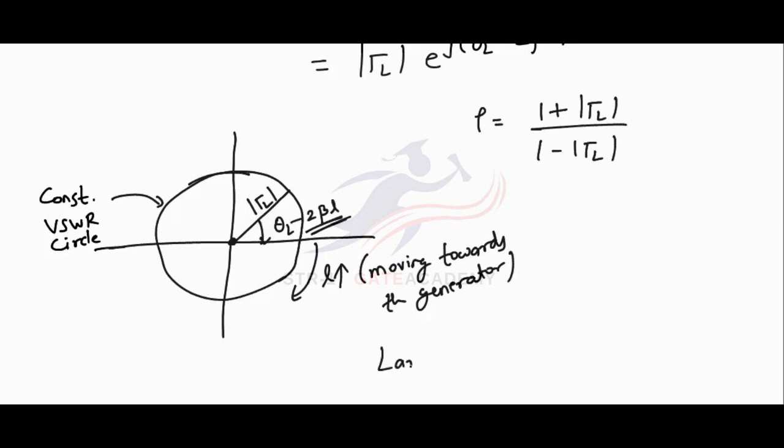So a large radius implies a large reflection coefficient, which implies the worst match. That means the load and the characteristic impedance have a large difference in impedance.